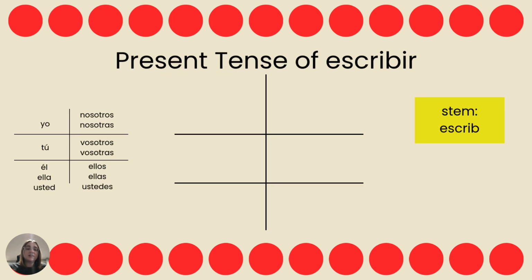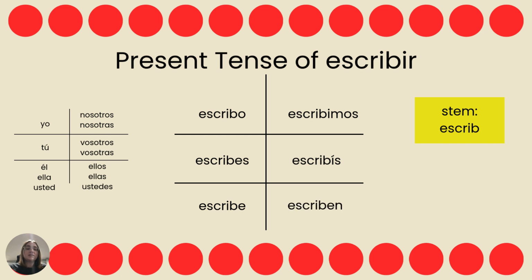So let's go over escribir conjugation. So the stem escrib: escribo, tú escribes, él escribe, ella escribe, usted escribe, escribimos, escribís, escriben.